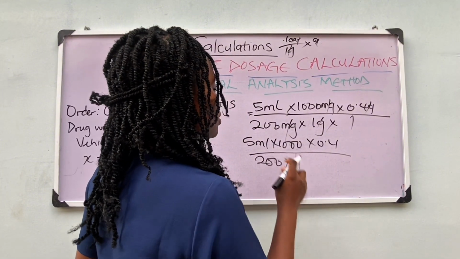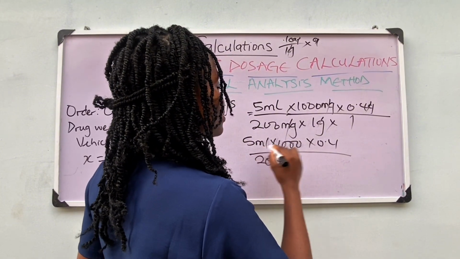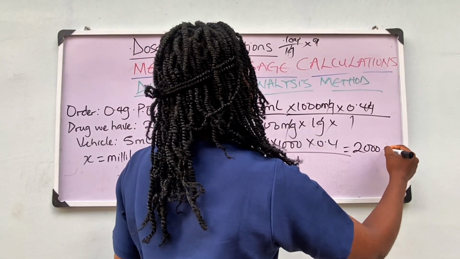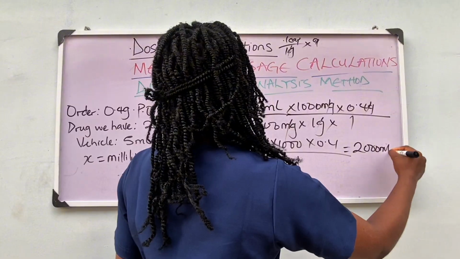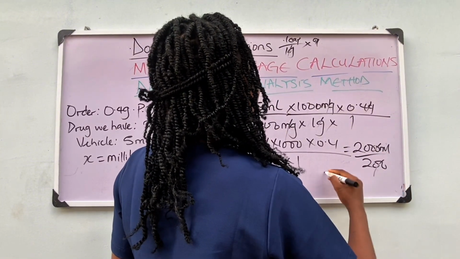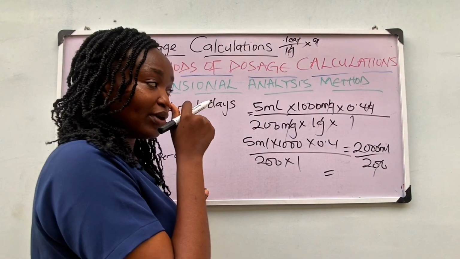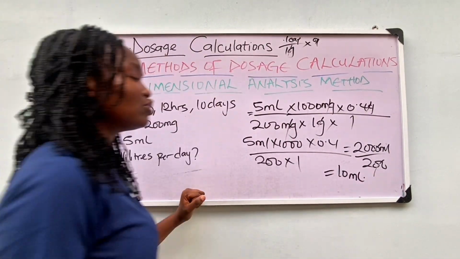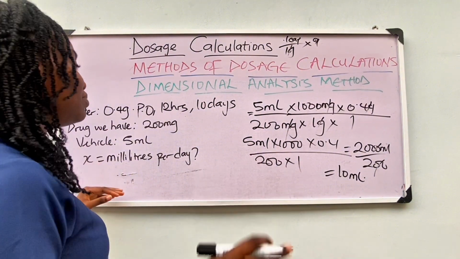So 5,000 times 0.4 is going to give us 2,000 mL all over 200. Our final answer, 2,000 divided by 200, will be equal to 10 mL. So per dose, this patient will be receiving 10 mL.